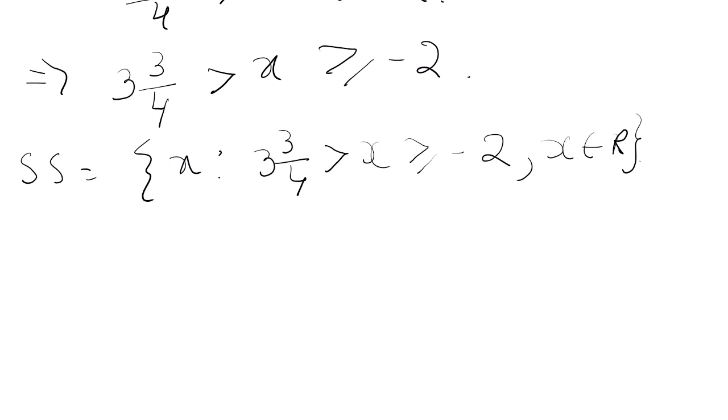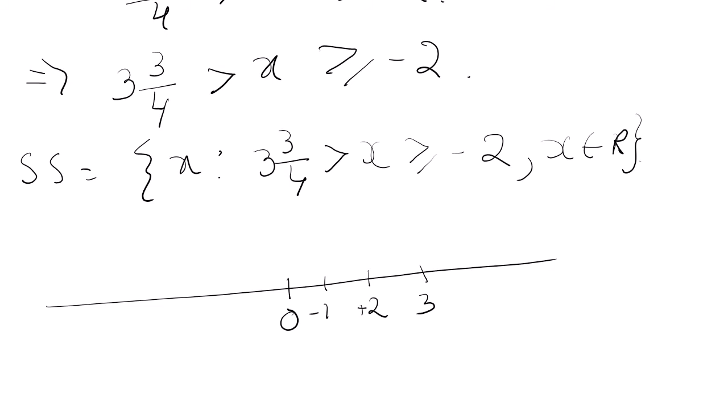so when you represent this on the number line, this is 0, 1, 2, 3, this is plus 1, plus 2, plus 3, plus 4, plus 5, this is minus 1, minus 2, minus 3, minus 4, minus 5.